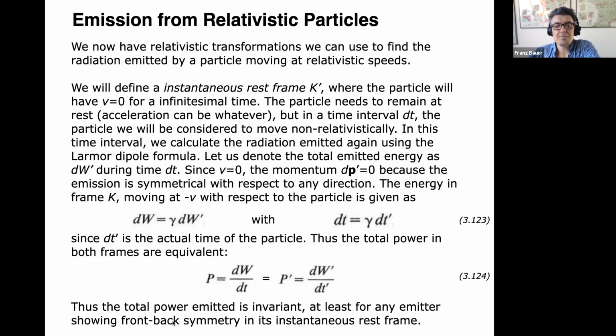This is an important quantity to know: the total power won't change. What may change is the solid angle over which it's directed, and you can play off of that, which is what we'll see in a second.